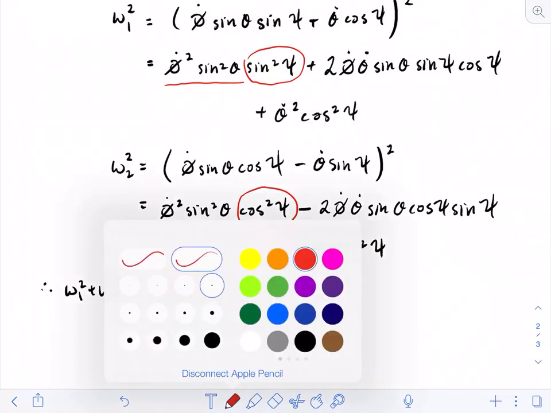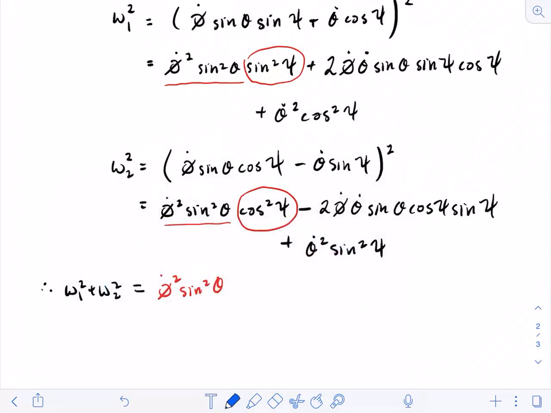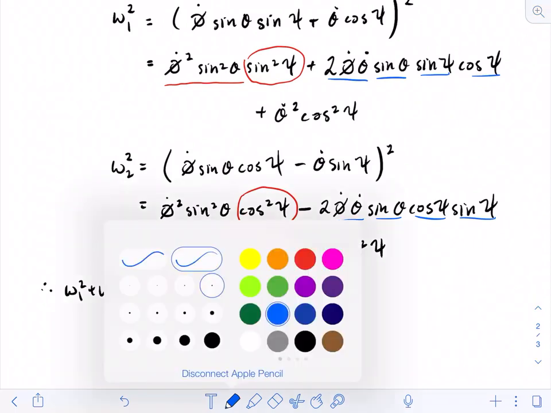Okay, then let's compare the cross terms. 2 phi dot theta dot, and we have minus 2 phi dot theta dot. Then we have sine theta, cos psi, sine psi. So they're identical except for the sign, and so when we add them up, we get an exact cancellation.